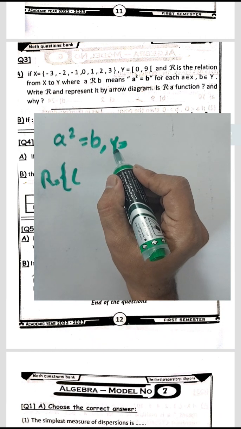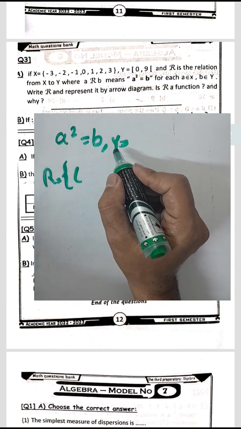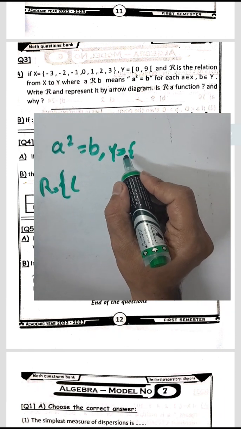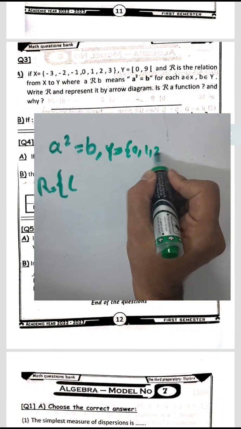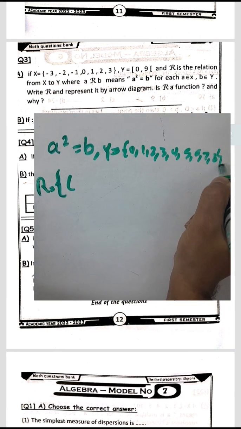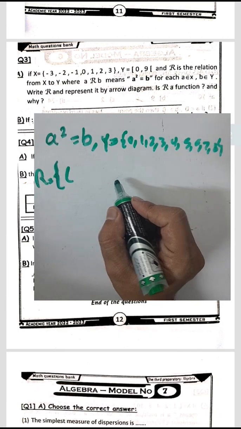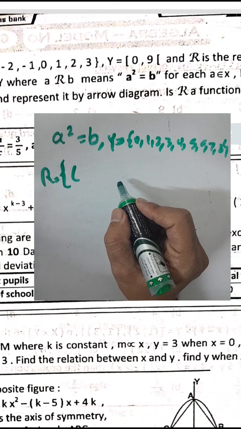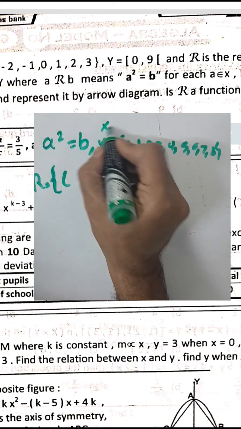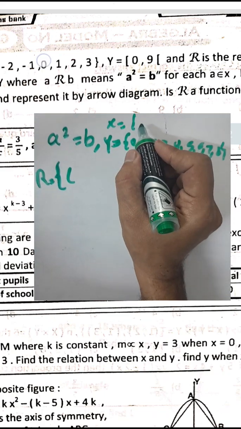Okay, we have x and y. We can find the elements of y here. We can write 0, 1, 2, 3, 4, 5, 6, 7, 8, because it's open at 9.